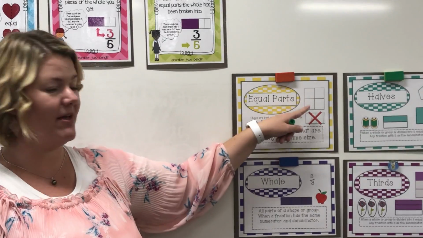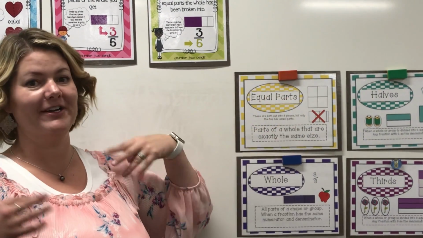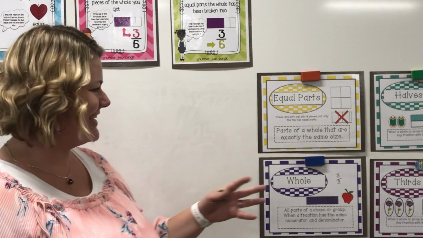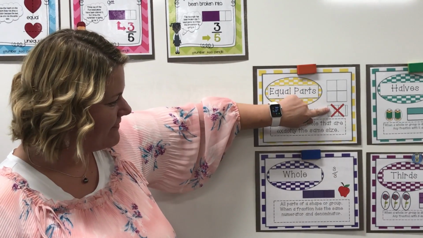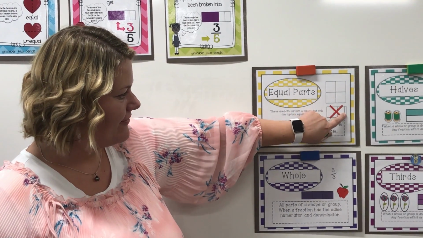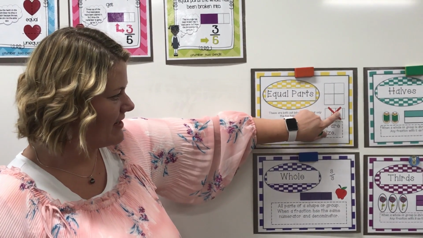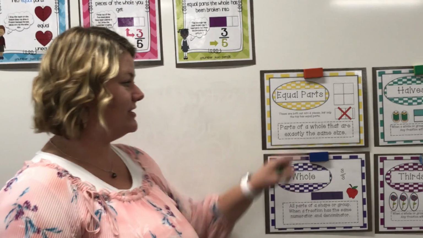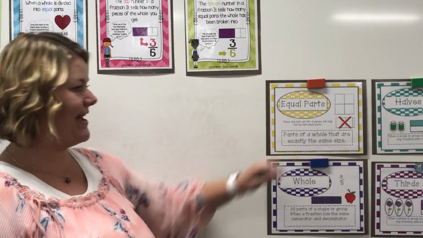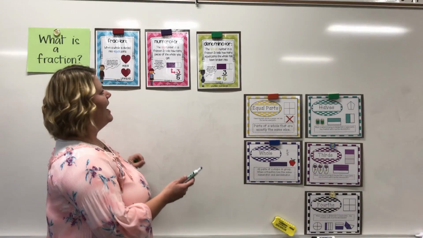Everyone would get the same amount of brownies or chocolate. I'm probably making you hungry. But this one, would it be fair if I got this piece and my friend got this piece? Nope. Fractions have to be divided into equal parts. So you want to make everything even and fair.